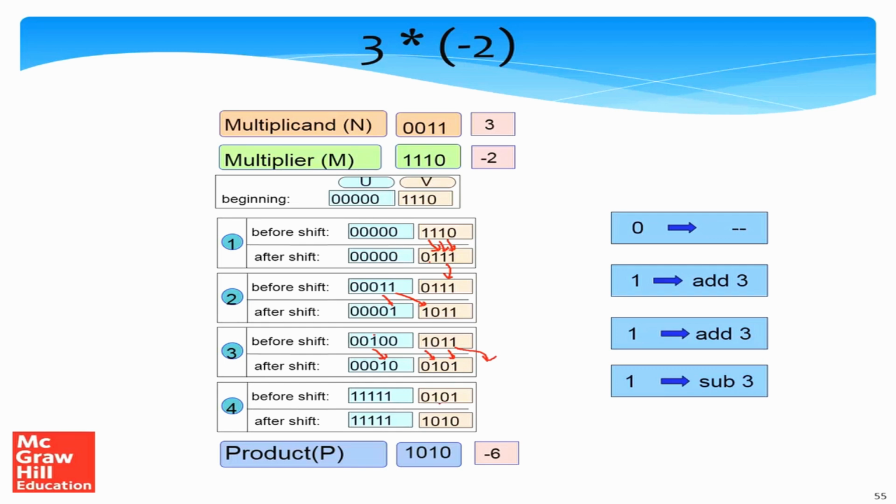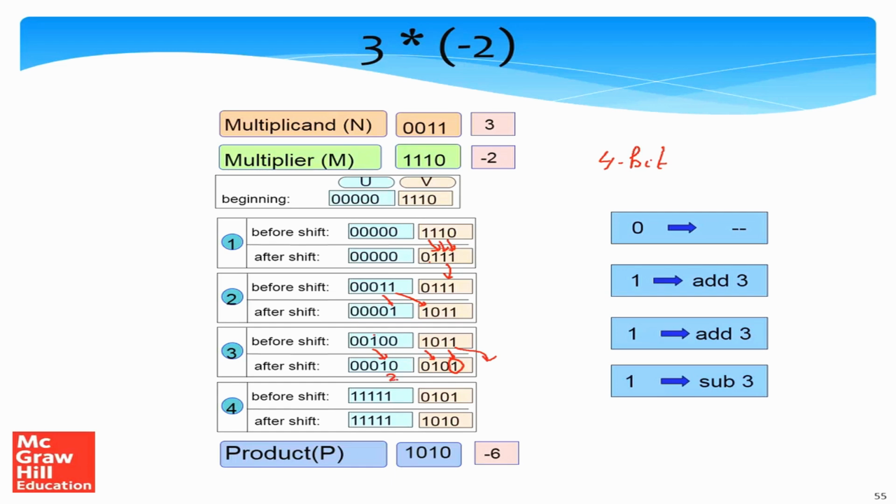Finally, we go to the 4th iteration, which is the fun part. And here we find that the least significant bit of V is 1. And this is the last iteration, right? It's a 4-bit number system and it's the last iteration. Since it's the last iteration, instead of adding the multiplicand, we'll subtract the multiplicand. So basically, what was the number we had before?